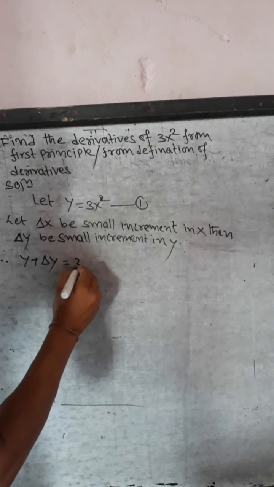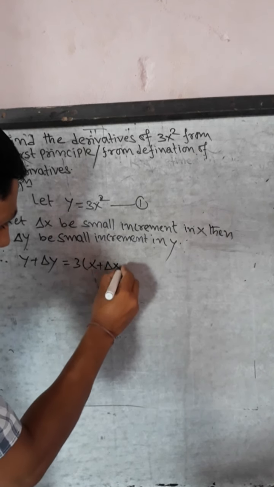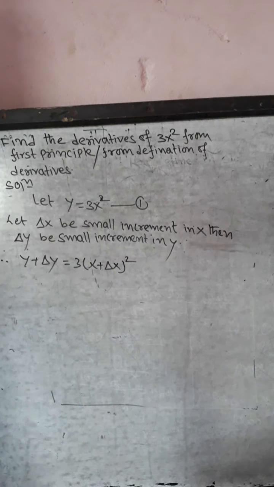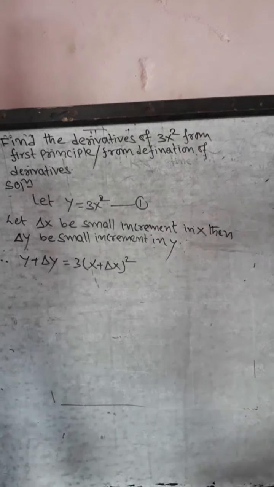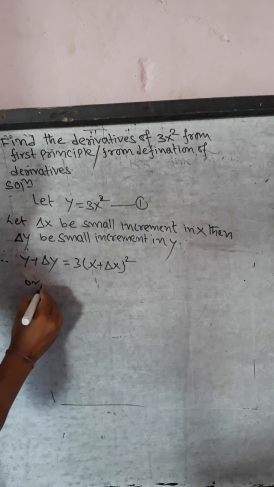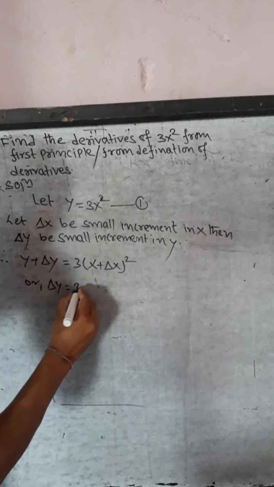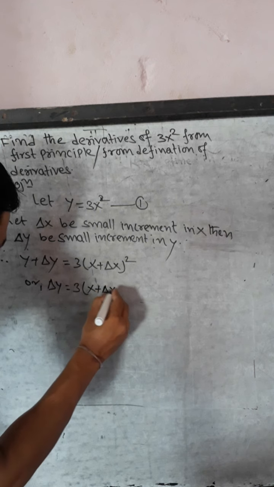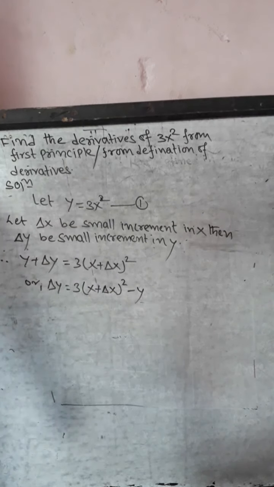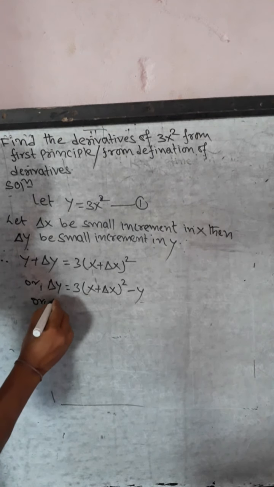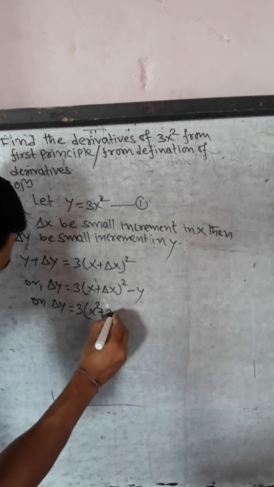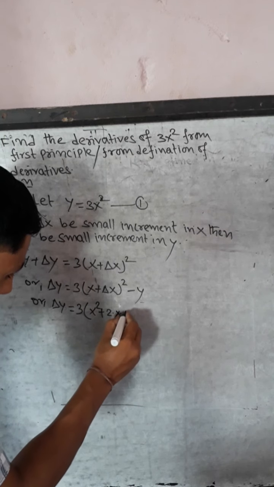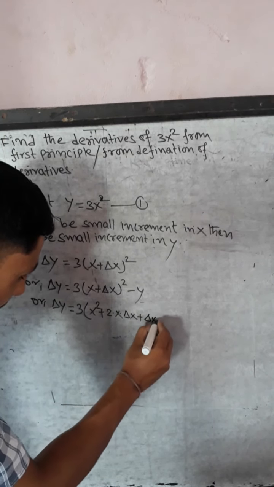Therefore let's find out y plus del y. Y plus del y is equal to, now in place of x what you can write, 3 into x plus del x whole square. Now take the y to this side, or del y is equal to 3 into x plus del x whole square minus y. Now put the formula, x square plus 2x into del x plus del x square. That means which formula?